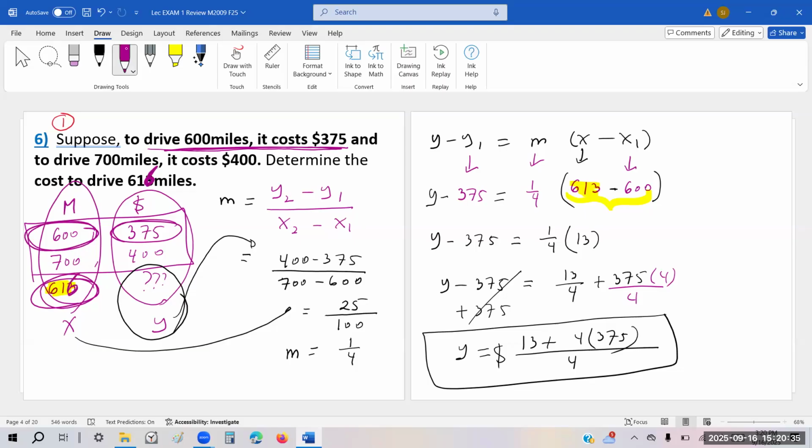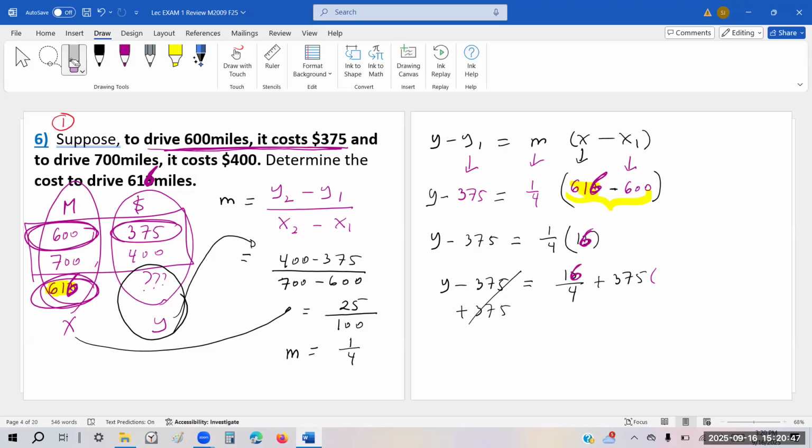So what is 1/4 of 16? I'm changing the number so that we can do the math easily. 1/4 of 16 is 4. So you have y equals 4 plus 375. What is 4 plus 375? 379. So see how easy it is?